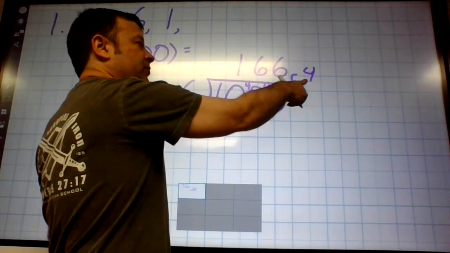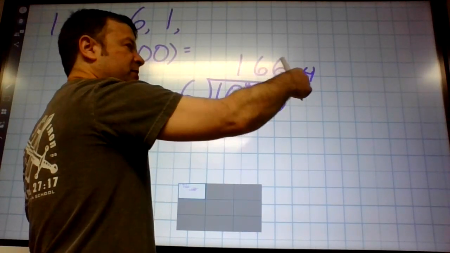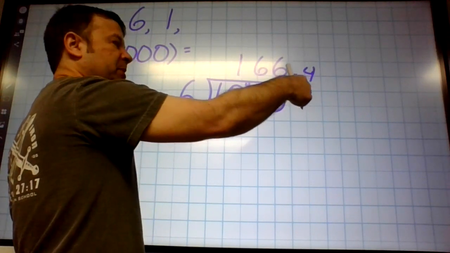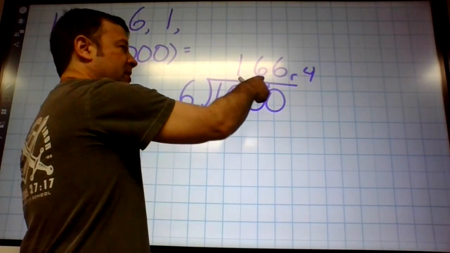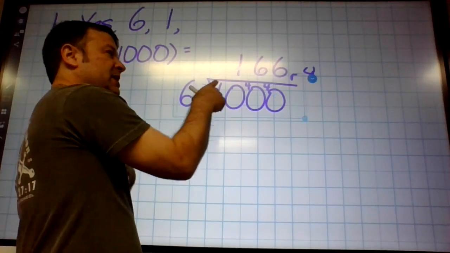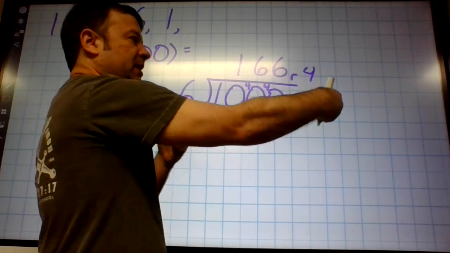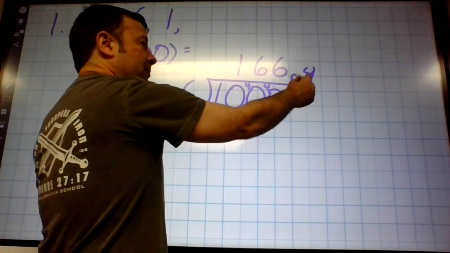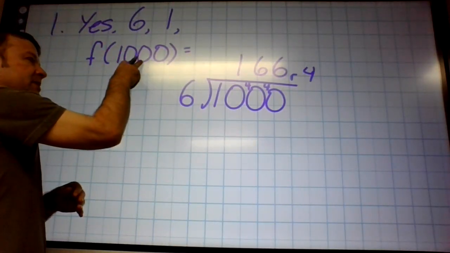What does the remainder of 4 mean? It's going to go 4 steps past the starting point of the period. So it goes through the period 166 times, because it takes 6 to get through a period. And then the 4 represents that we're going 4 steps past the start. So whatever is happening at 4 is what's going to be happening at 1,000.